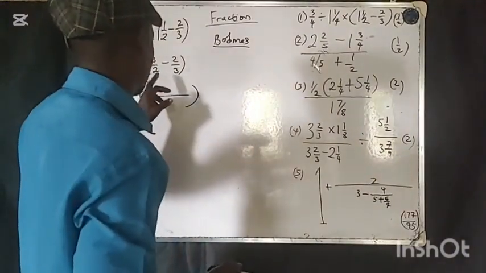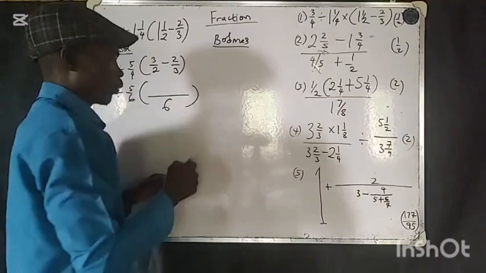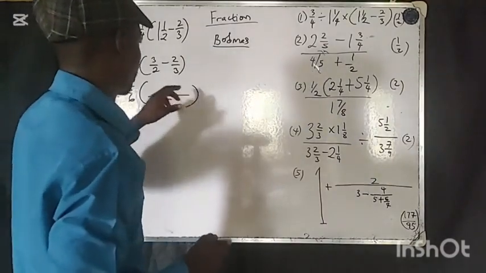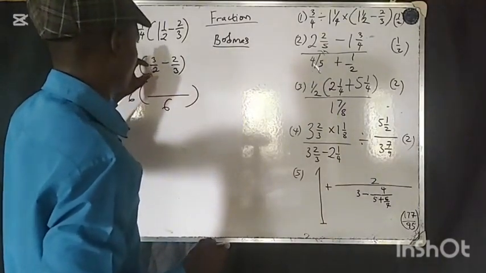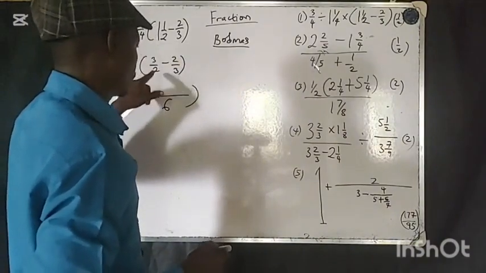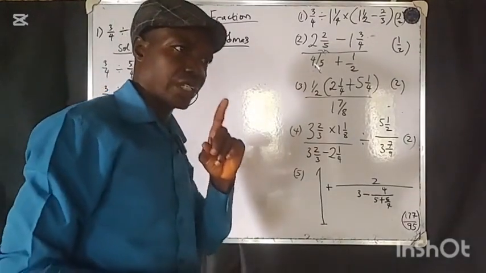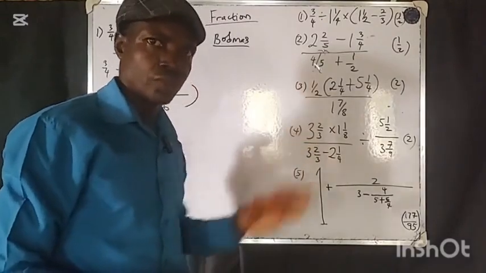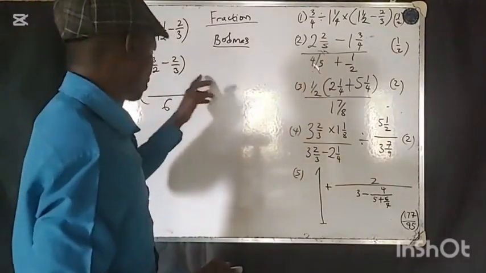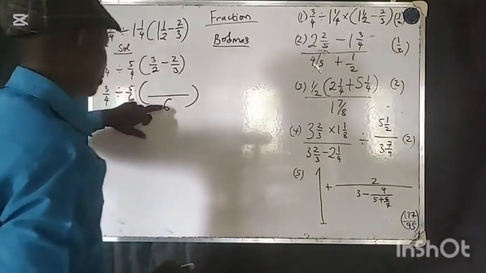And our LCM here is going to be 2 times 3, which is 6. We multiply here to get the LCM because there is no common factor in 2 and 3 except 1. No number can go into 2 and 3 at the same time except 1. And in such a case, you just multiply through. You multiply all the denominators to get your LCM. So our LCM is 6.